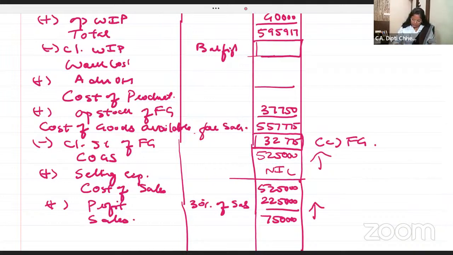Now after this, reverse we will go. This is minus. 557,775 minus 37,750 opening stock. So what was the cost of the production? 555.